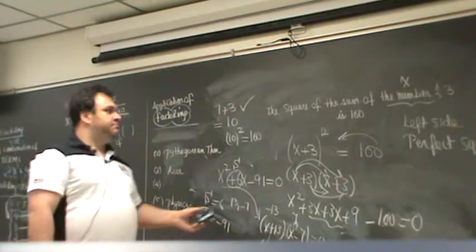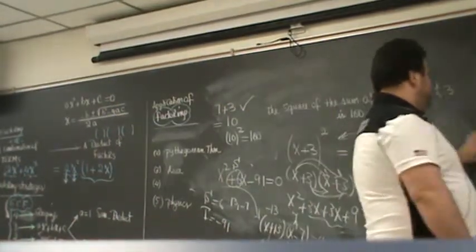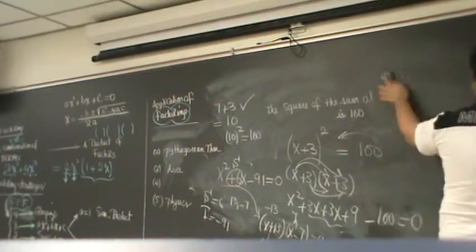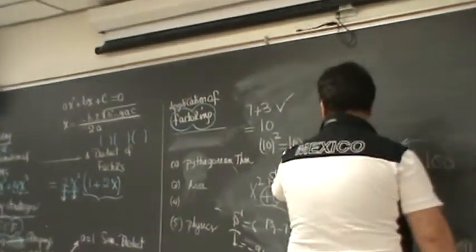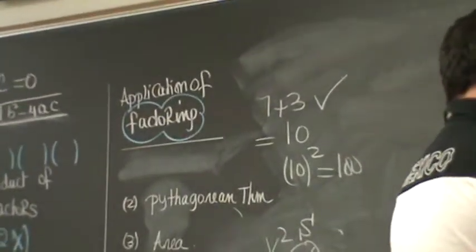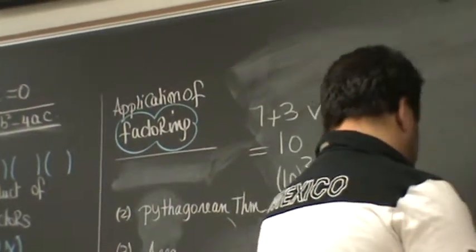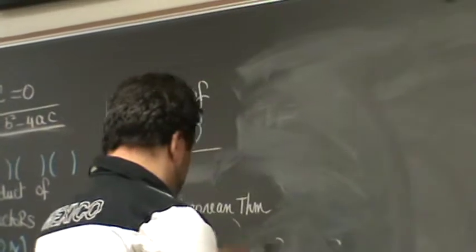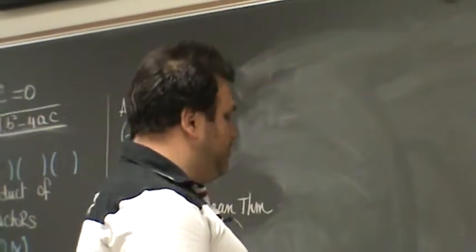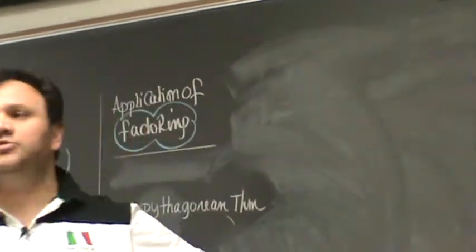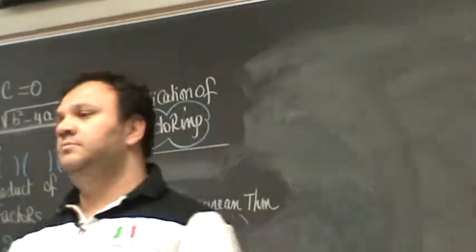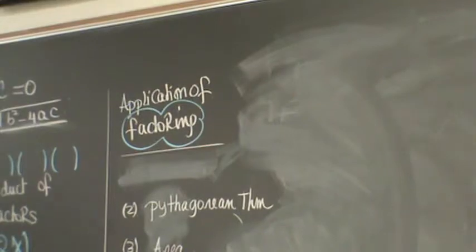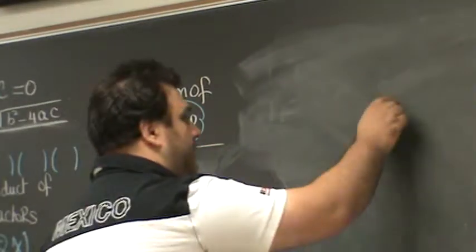Okay. What is the Pythagorean theorem? What does it say? That if you have what? Well, let me ask you a more specific question. Does the Pythagorean theorem apply to any triangle or only the right triangle? Right triangle. So what does it say? Let's say we have a right triangle, okay?